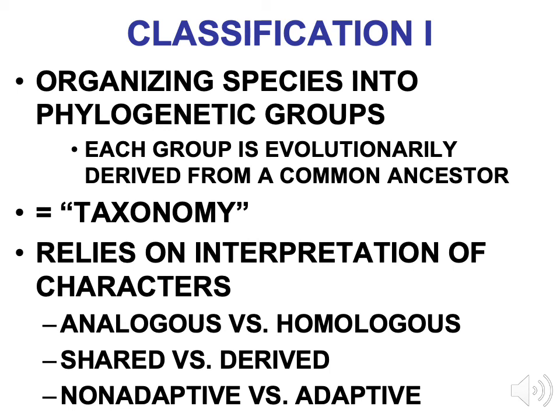Now, finally, I've got this bullet point listed here as non-adaptive versus adaptive characteristics. And it's important to understand that not all characteristics are adaptive. A characteristic, in order to be adaptive, has to definitely have some impact on survivability of the species or the ability of that species to reproduce. In other words, an adaptive characteristic must improve fitness.